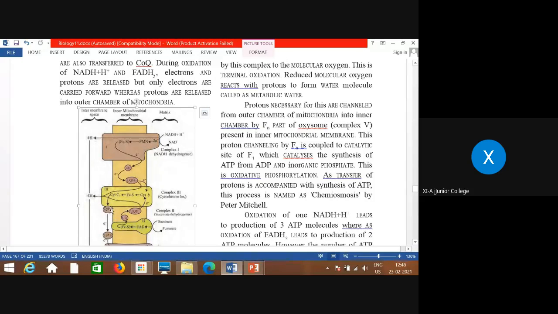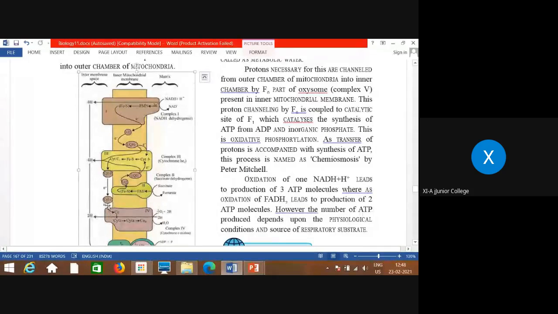Then from cytochrome C, the electrons are accepted by the next complex, complex 4, called the cytochrome A3 complex. They are first accepted by A and then by cytochrome A3. So this is the fourth complex, cytochrome C to A3.